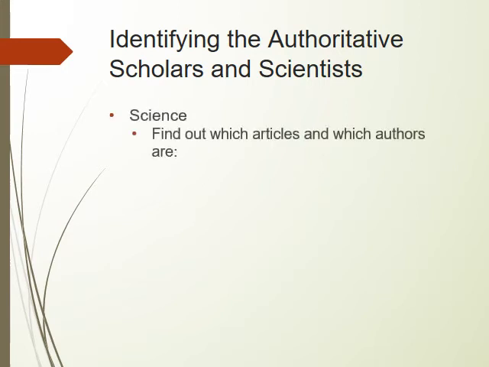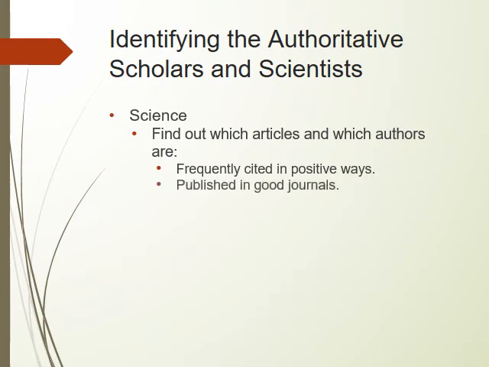In science, you want to find out which articles and which authors are frequently cited in positive ways, published in good journals. And if you don't know what good journals are, ask me. You can tell in both PubMed and Google Scholar how many times an article was cited, and I could show you how to do that as well if you can't figure it out.